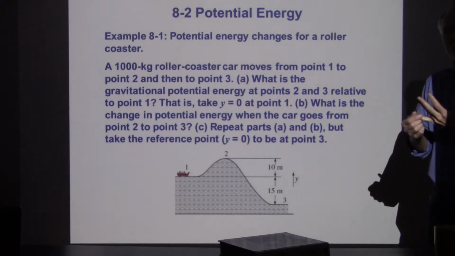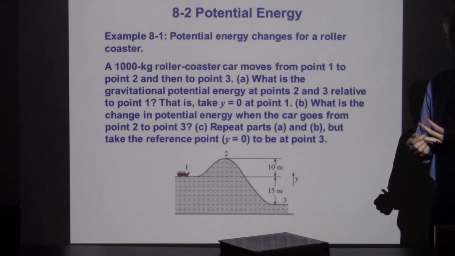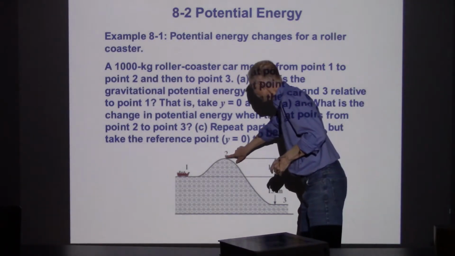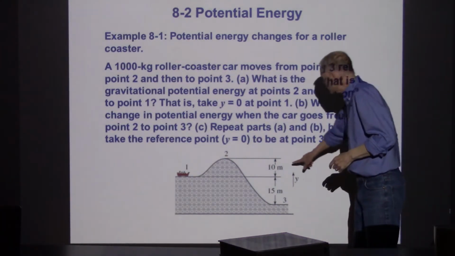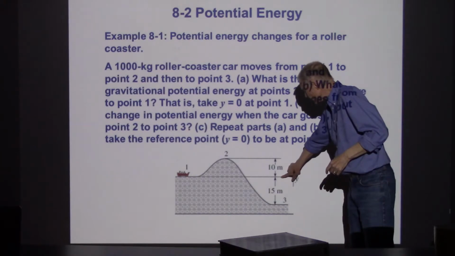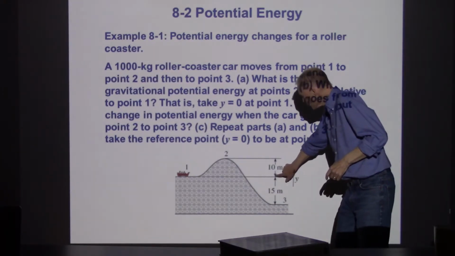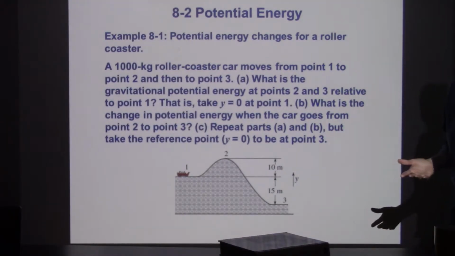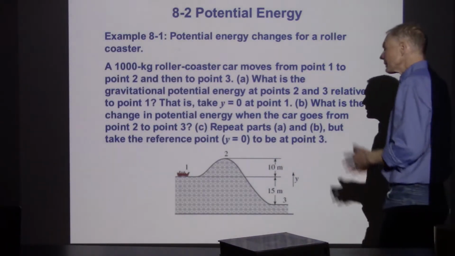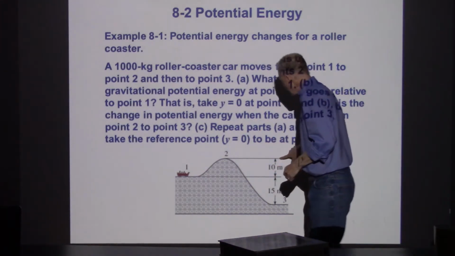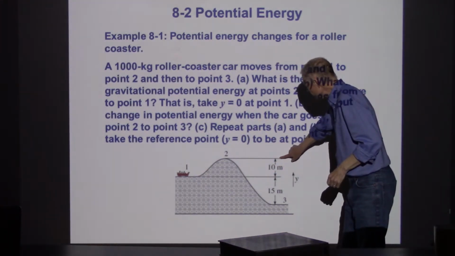So I need to know the mass, the gravitational field, and the h value. At point 2, the h value would be 10 meters. We decided to call this the 0 height, so going up 10 meters from 0 puts us at a value of 10. So I can calculate that as mgh or mgy, where h or y is equal to 10 meters.